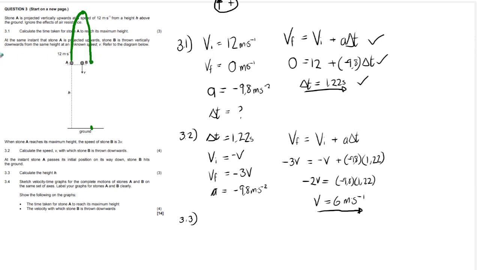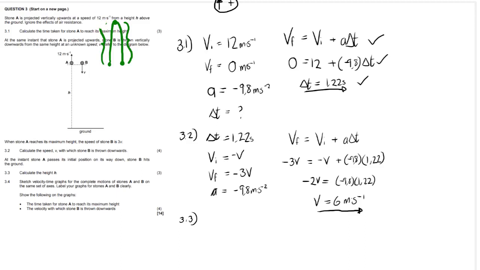How long did that take, though, for stone A to do this whole loop? Now there is a little trick that we can use, although it's not a trick, you might even have learned it in class, depending on your teacher. For any object, if we are ignoring air resistance, the time it takes to go from point A to its highest point, and then from that highest point back down, the time interval for that first section will be the same as the time interval for that second section.